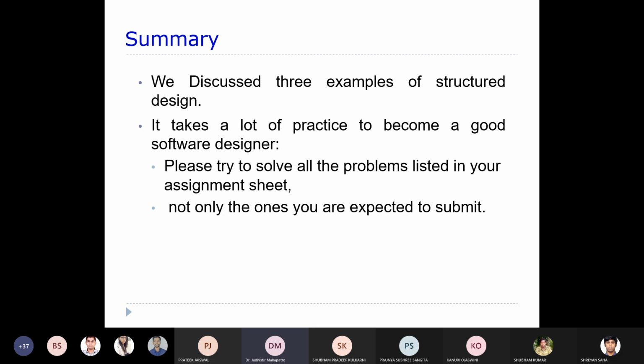You can design very good software if you can understand all of these things. These are the important practices one can use to design your software, right? Any doubts from our students about this structured design?